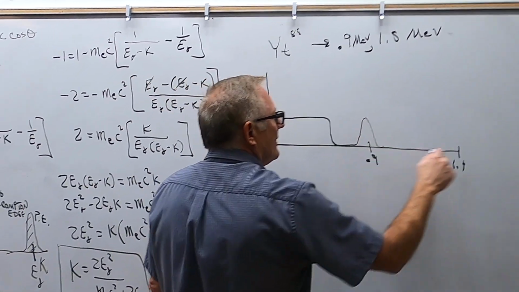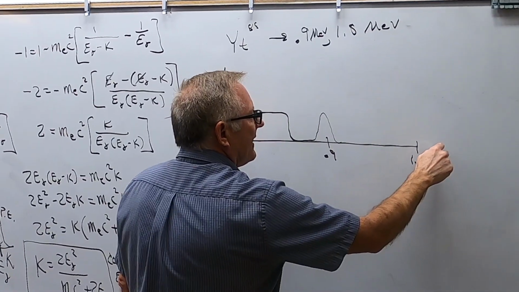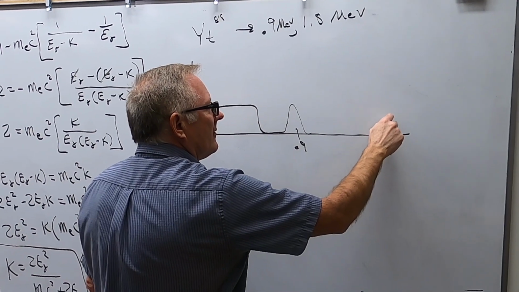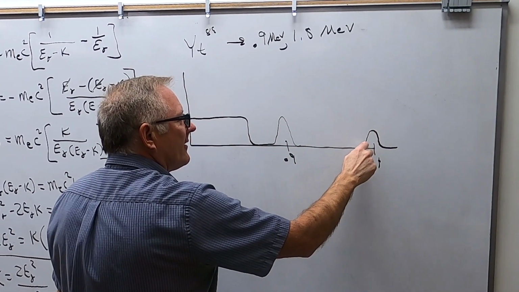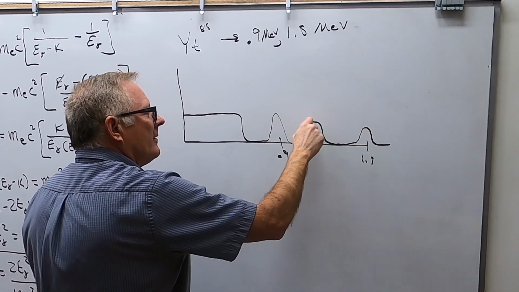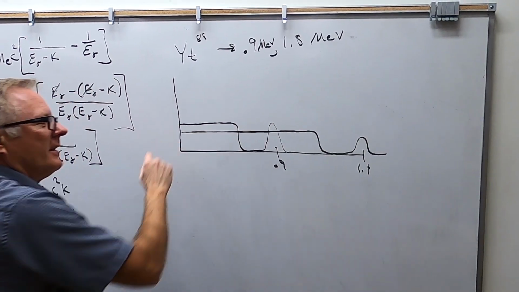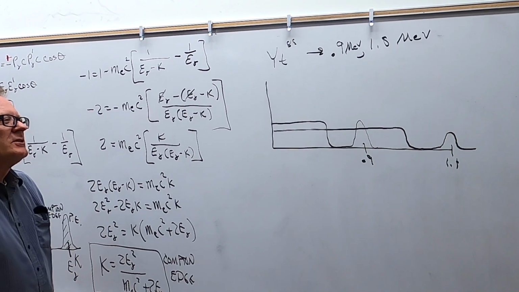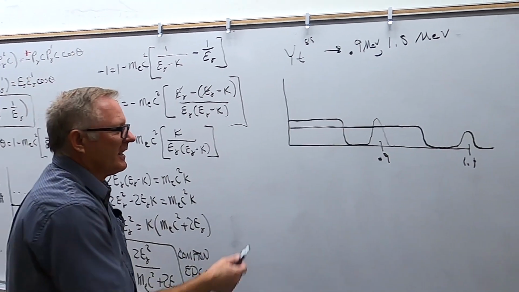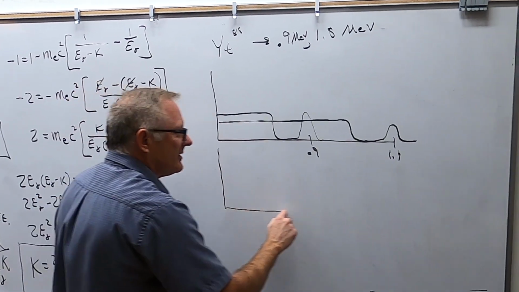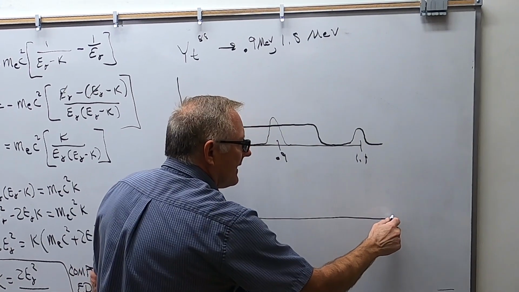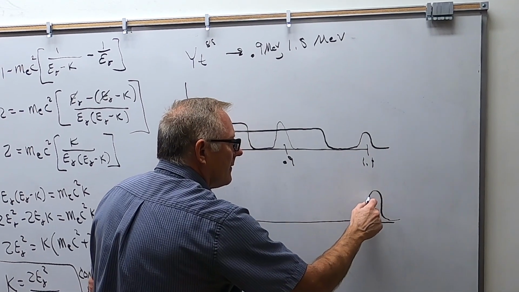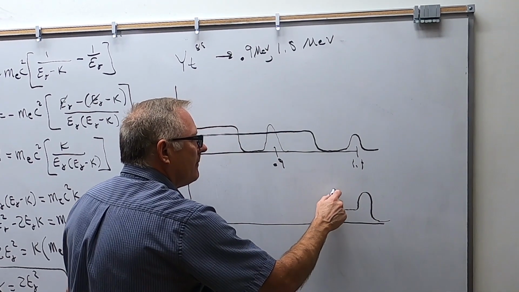The 1.8, you get some photoelectric, and then you get some Compton right there. Well, then you just add those two curves together. If I add those two curves together, then I get something that looks like this, and then it went up.